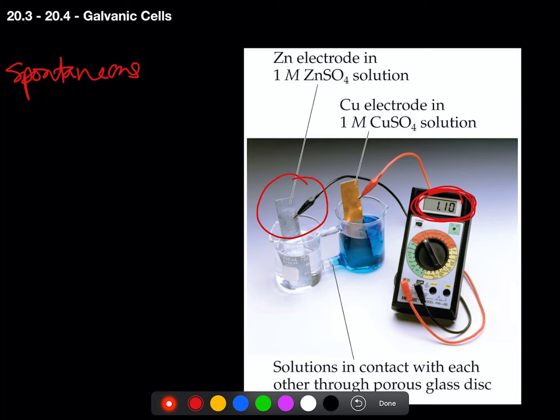Some small device. And then those electrons finish their journey over here where they are allowed to do the reduction process, right? So same exact reaction. We're just setting it up differently so that we can utilize those electrons on the way to doing whatever they were going to do anyway, right?